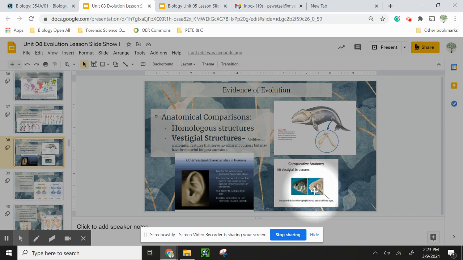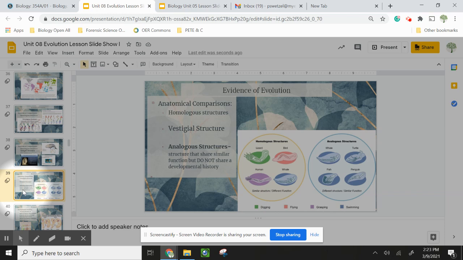So they have this kind of useless eye here. Why is that there? Why is that left over from an evolutionary past? Whales have pelvic limbs. Humans can wiggle their ears. Some of us can. These are all indicators that these features might have been useful in our past ancestry, even though it's not something that we use now.